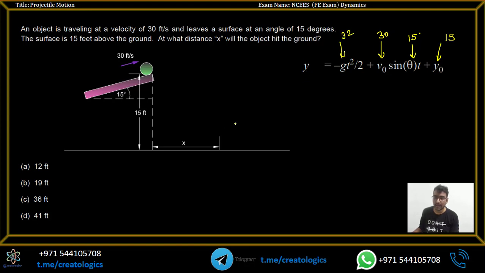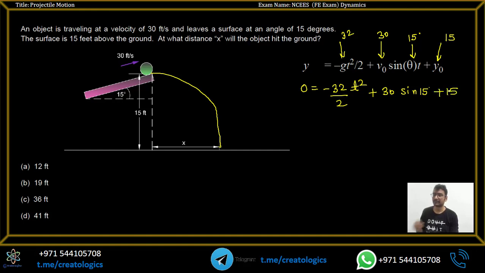If the ball reaches the ground, what is the height y? It's 0. So 0 is equal to minus 32 t squared by 2 plus 30 sine 15 degrees t plus 15.